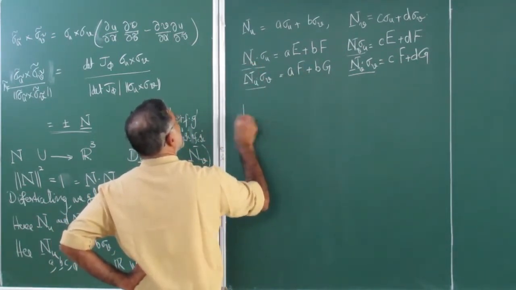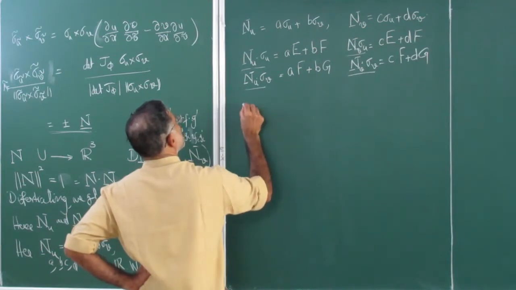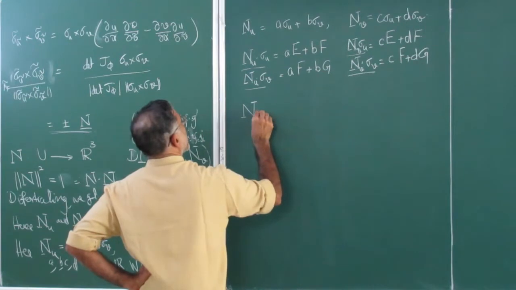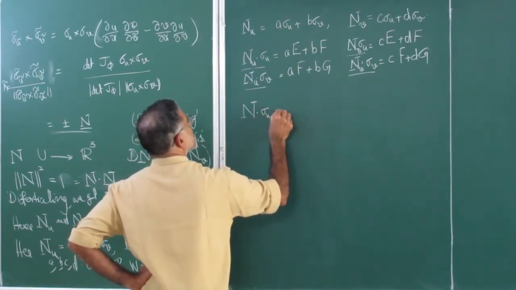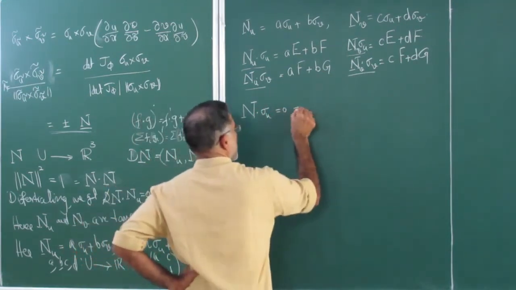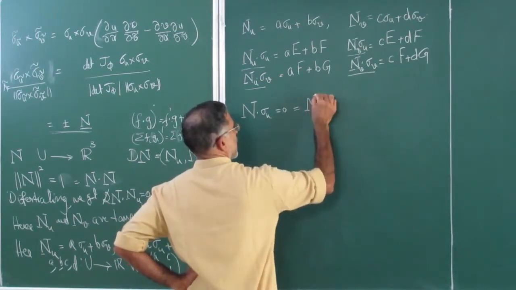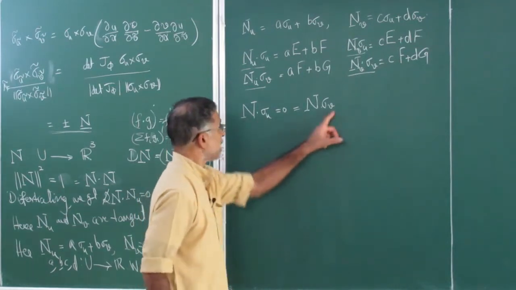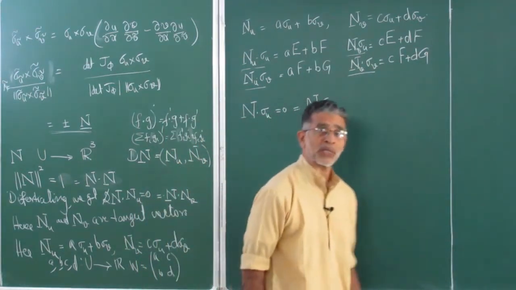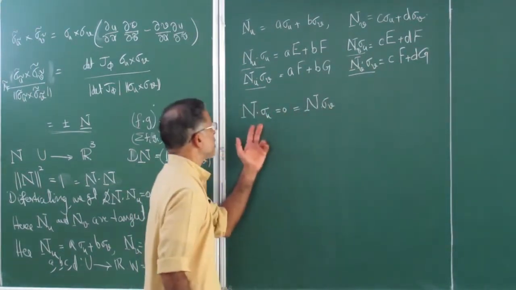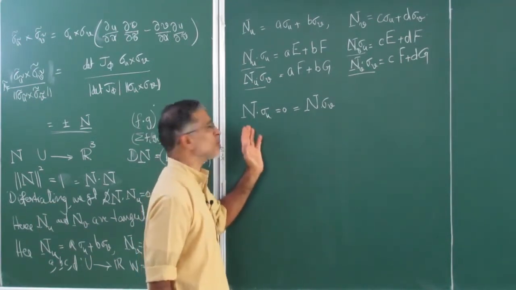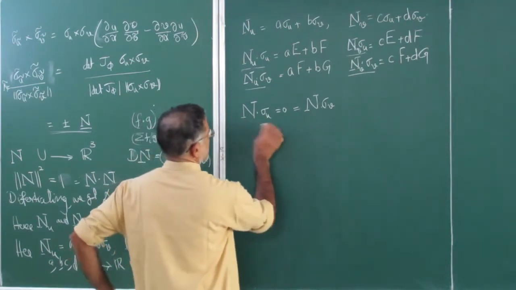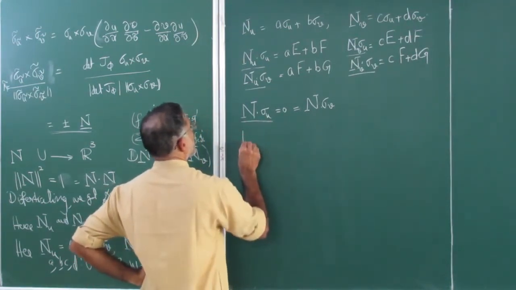What is that? First you look at N dot sigma u, this is 0, and that's the same as N dot sigma v, because these are tangent vectors and the normal is orthogonal to them. So the advantage is that once you have this, you can use it to transfer your Nu to this side. Let us differentiate the left hand side with respect to u. What do you get?